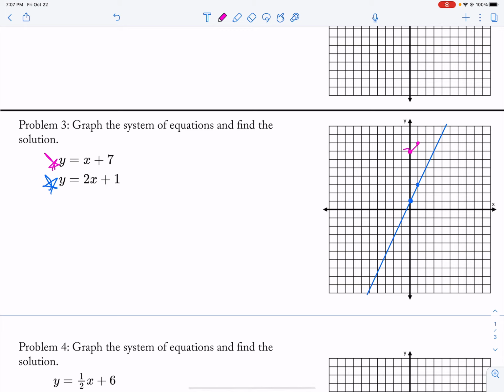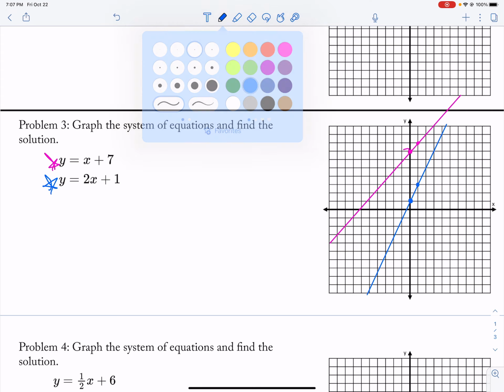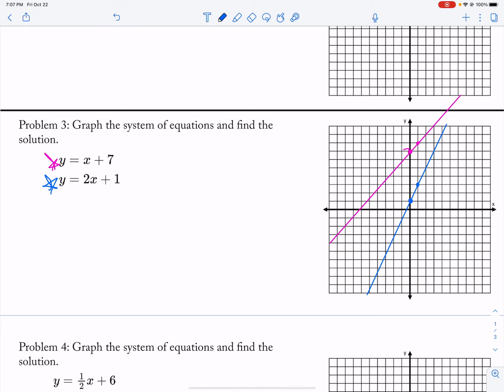Oh man, I think these are going to intersect off the graph. So let me make my straight line. I'm going to extend out my blue line here, just so that we can graph and get a rough estimate of that intersection point.